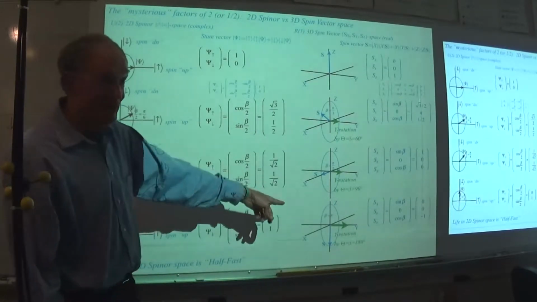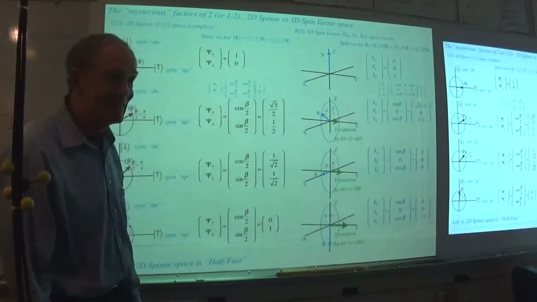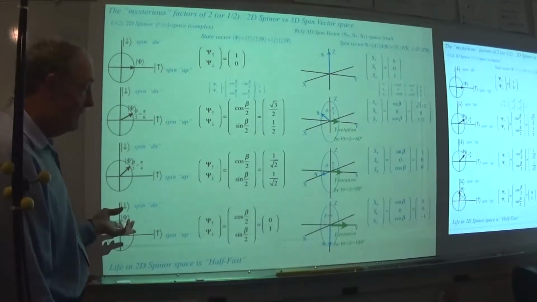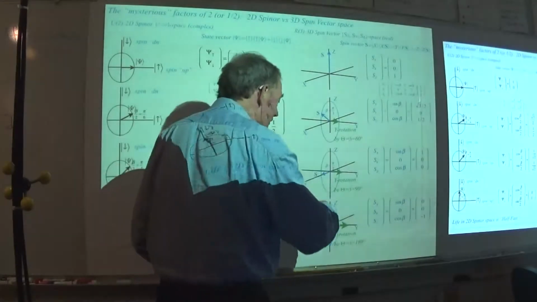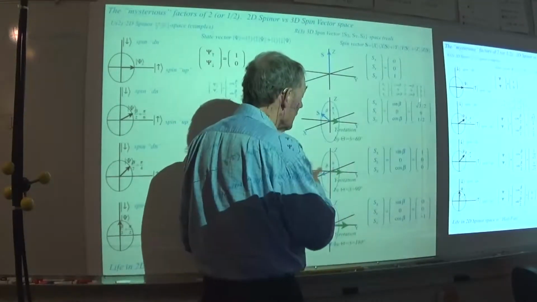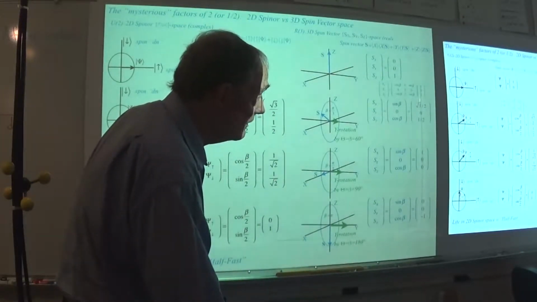Not in that space. Down is down and up is up. It's only halfway here. So we still got one more full rotation here, 180 degree rotation to complete this.